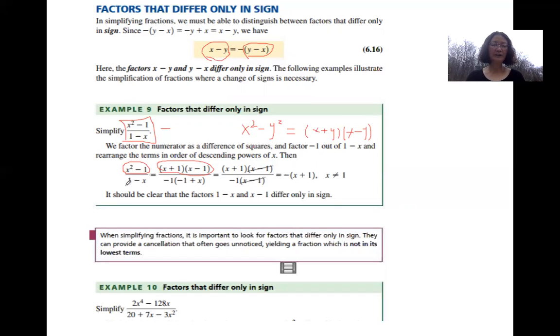For the denominator 1 minus x, we use the property: we take the negative sign out, and then in the bracket we have x minus 1. The purpose of doing this is to cancel out this x minus 1 with this x minus 1, and we only have negative x plus 1 left.